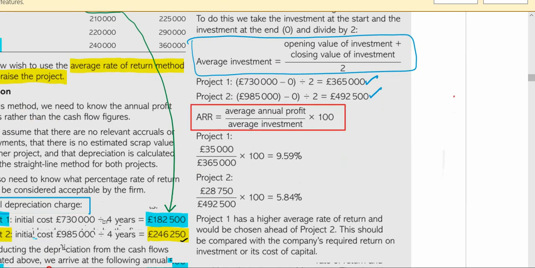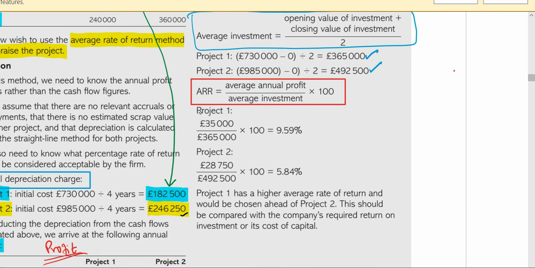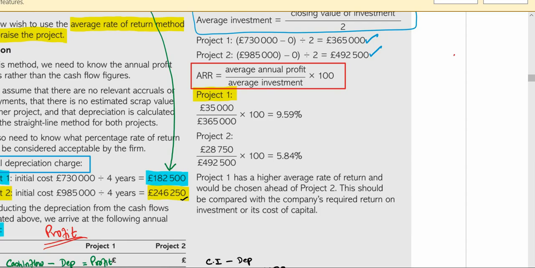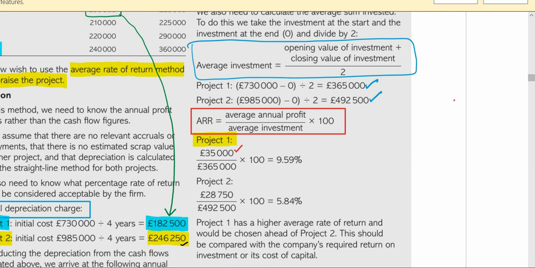Okay, so for the final answer, for project 1, the average profit is 35,000, and the average investment is 365,000. Into 100, that is 9.59%. And for project 2, the average rate of return is 5.84%. Now you can see again project 1 is the winner.